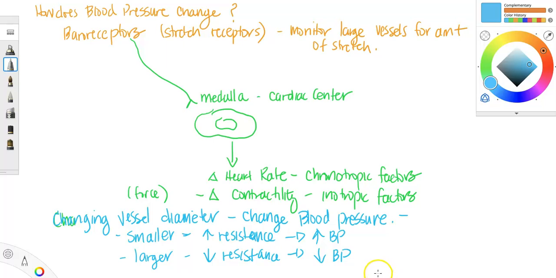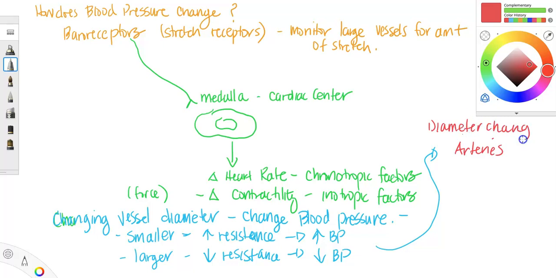So what vessels change in diameter? Well, arteries change in diameter.